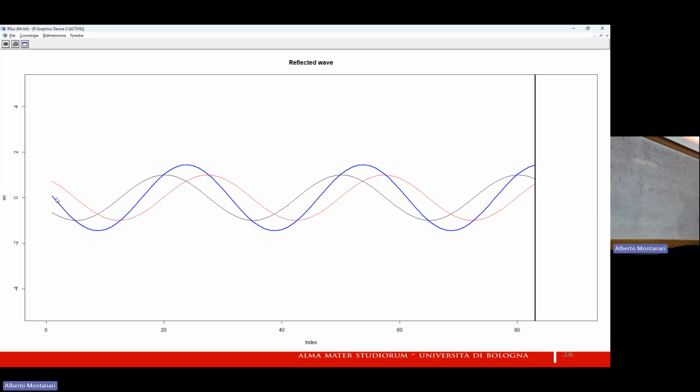So here I should put t plus... yeah, I think this works. I think so, but next time I will clarify this and I will make a correction also in the web page. Okay, good.